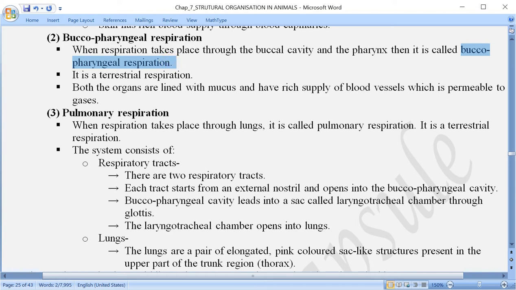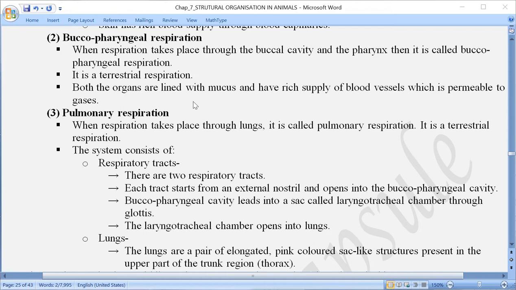Here also blood capillaries are provided in the lining of the epithelium, due to which the exchange is possible. This is suitable mainly for respiration on land, and that's why it is a terrestrial respiration.